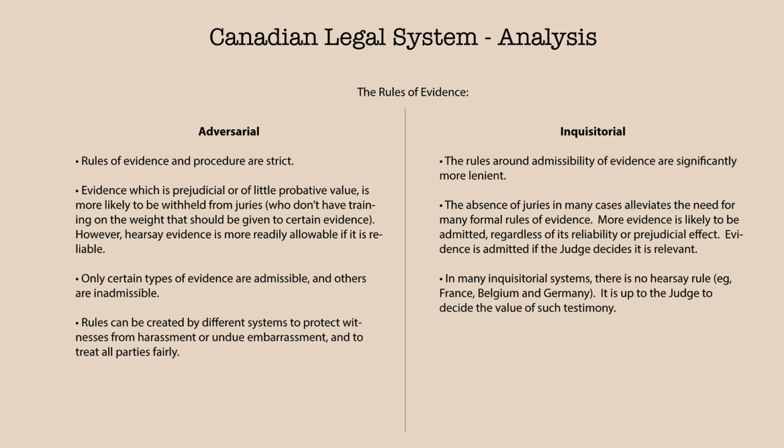When it comes to rules of evidence that can be admitted against the defendant, they go out the window. We actually have it stated in one of our codes, the Evidence Act or somewhere, that the judge can admit any evidence if they decide it's relevant, and that fits the inquisitorial model. So again, here we have more of an inquisitorial system when it comes to the rules of evidence.